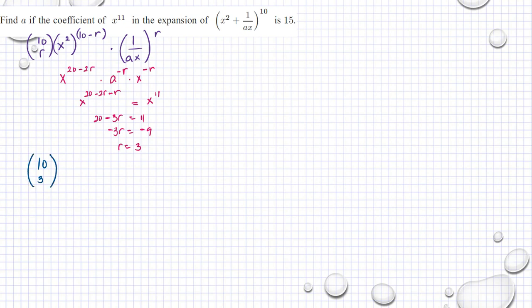and then we have x raised to 20 minus 6 because of this one. R is 3, so we have 3 times 3, sorry, it should be minus 9 because of this.